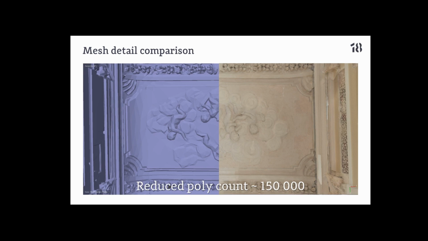As you can see, the geometry is getting reduced and more inaccurate, but with the use of texture, the change is not so big. So it's very good for visualization purposes.